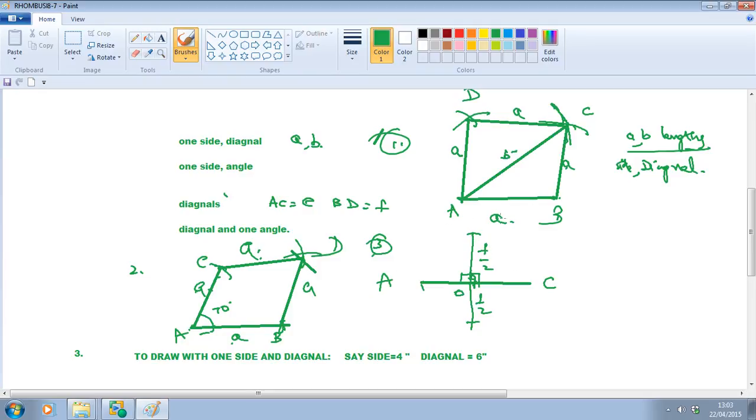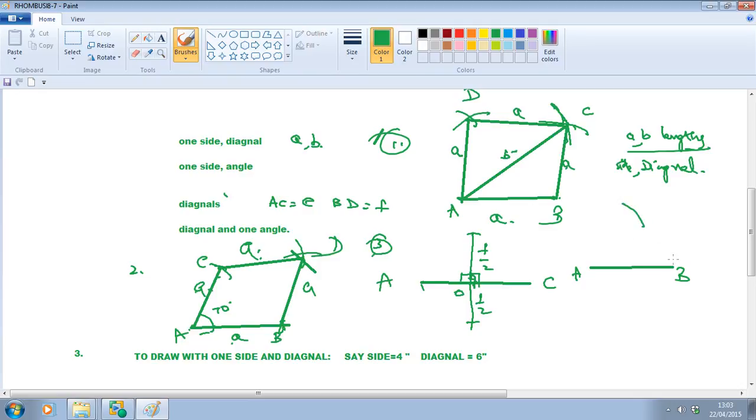Now we discuss how you will cut a line. We divide a line into two parts. First you draw a line. Let us take it as AB. If you want to divide it equally, you have to take a length more than half.